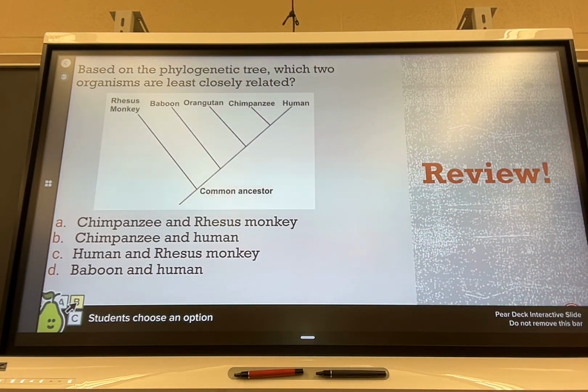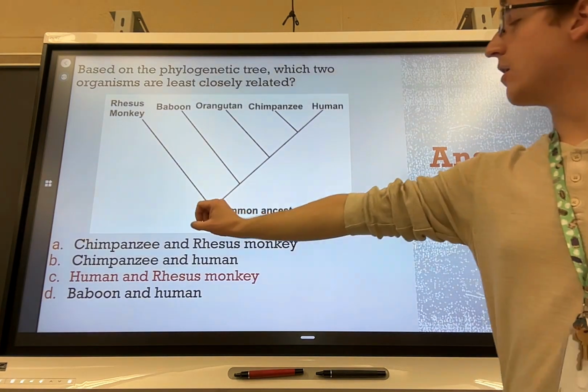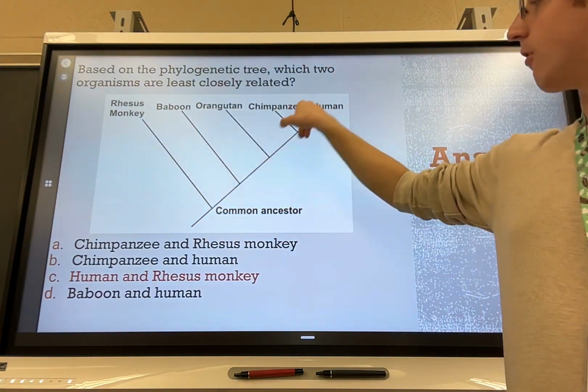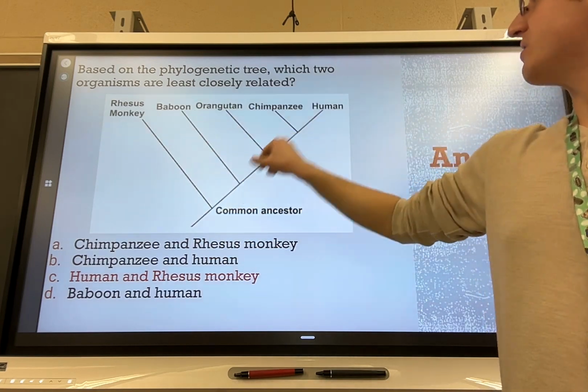Third question. Based on the phylogenetic tree, which of these two organisms are least closely related? The correct answer is the rhesus monkey and the human. That is C. So again, common ancestor over here, the farthest one out, the oldest common ancestor is between the rhesus monkey and the human.